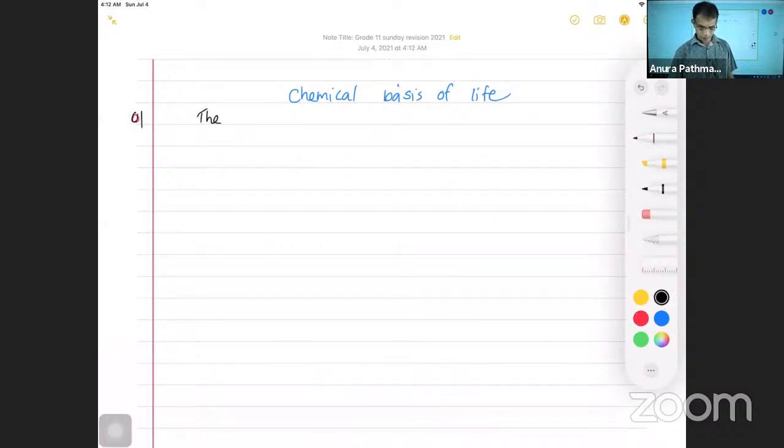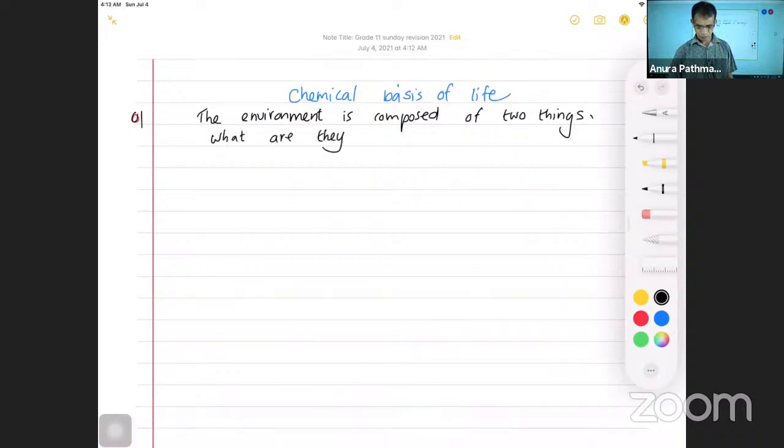The environment is composed of two things. What are they?